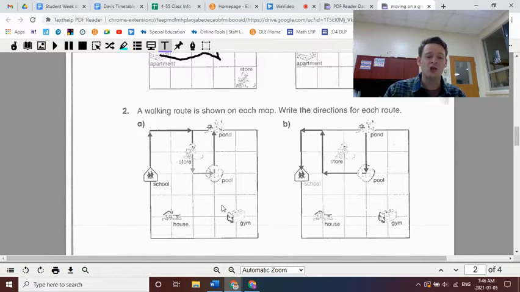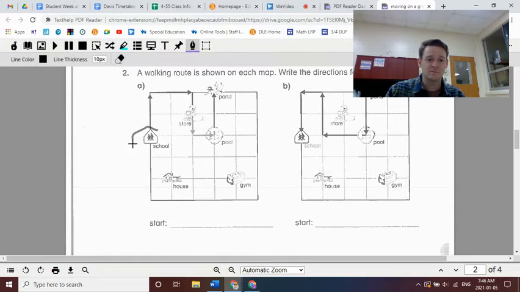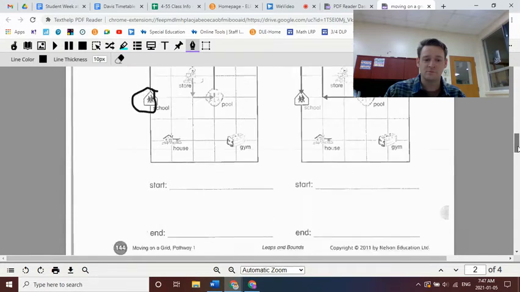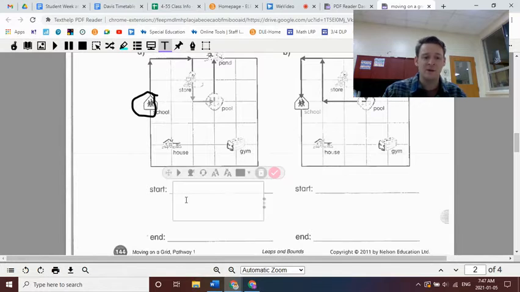Number 2, a walking route is shown on the map. Write the directions for each route. So here we see the direction of the arrows. So I can see the starting spot. And what are we doing? Well, you start off by going up 2. So I started at, maybe I can use my typewriter here. I started at the school.